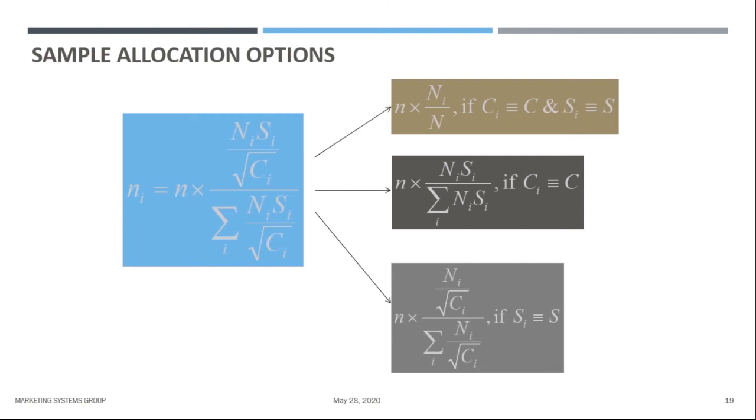This diagram shows the basic optimal allocation that takes into account cost and variance, which has simpler forms as certain assumptions are made. But the point is, we have resources in-house that can help you with any type of sampling needs that you have for your studies.